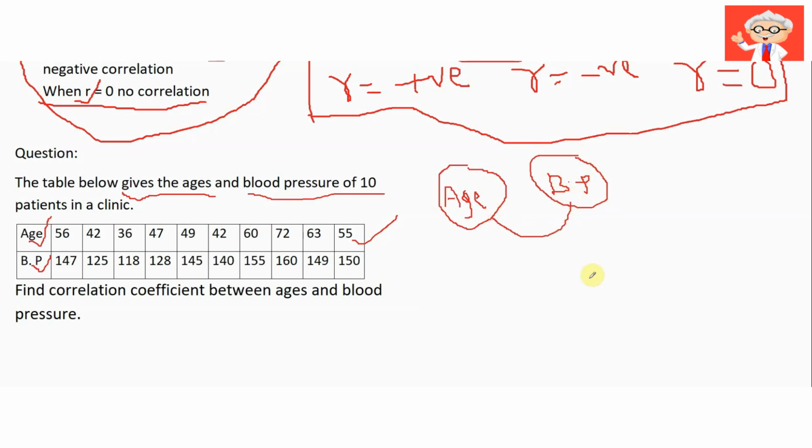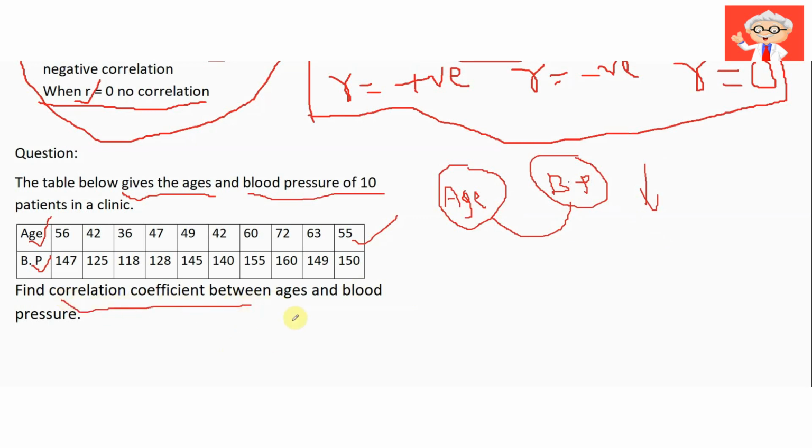It means if the age increases, whether BP increases or not, we do not know. And sometimes when age decreases, does BP increase or not? What type of relation is there between age and BP? We have to determine it by using the correlation coefficient.